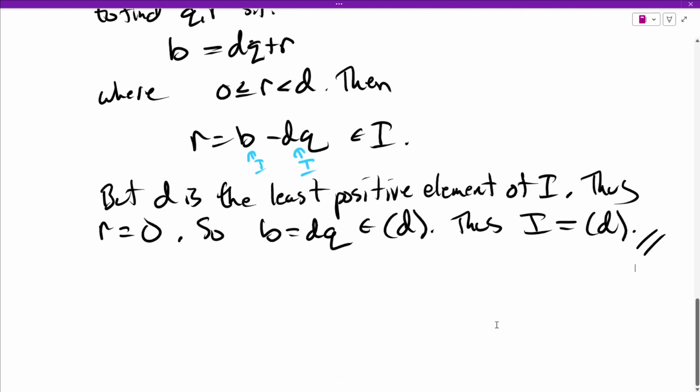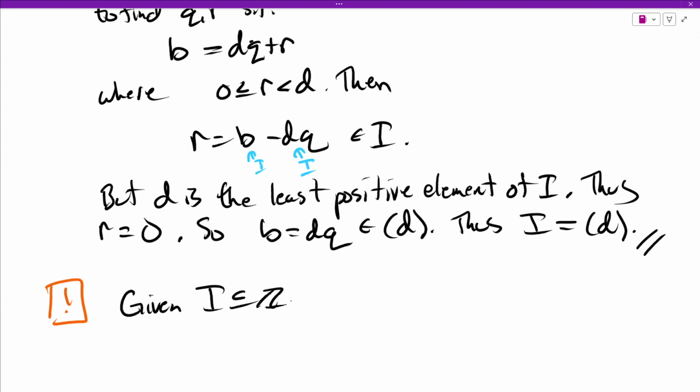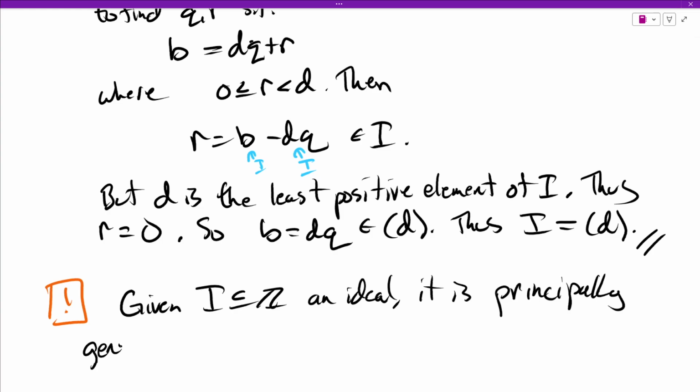Z is a PID. And let me just note something here. This actually tells you how to find the principal generator. Given an ideal in Z, it is principally generated by the least positive element in it.